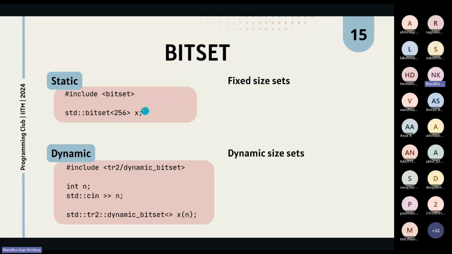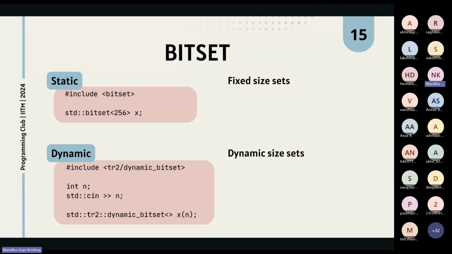You can use this if you know beforehand the number of elements that your set is going to contain. If you do not know that and you want to read it in as user input, there is an extension library provided by GCC under the tr2 directory, which contains the dynamic bitset.